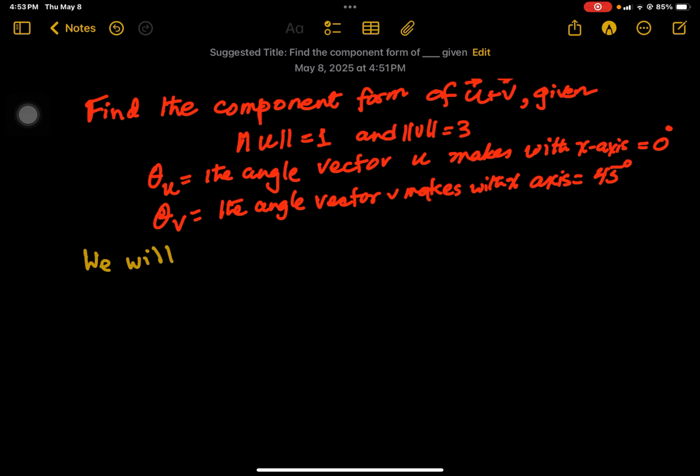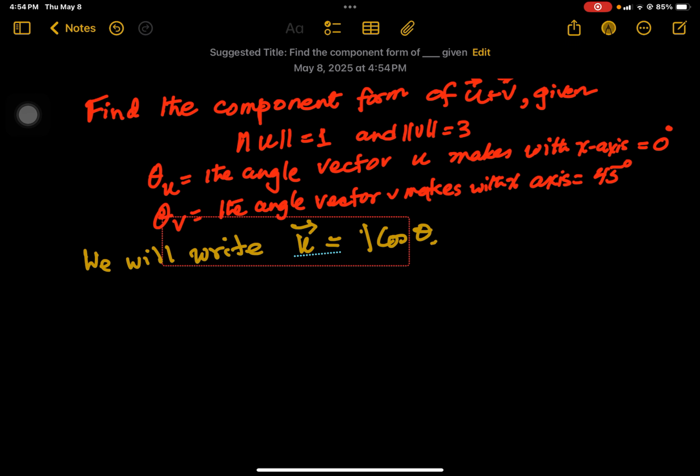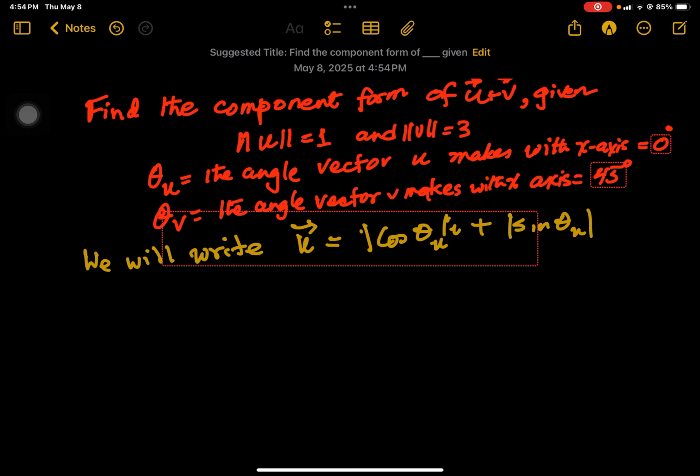So we will write vector u and vector v in component form. Vector u is equal to cosine theta u i plus sine theta u j.